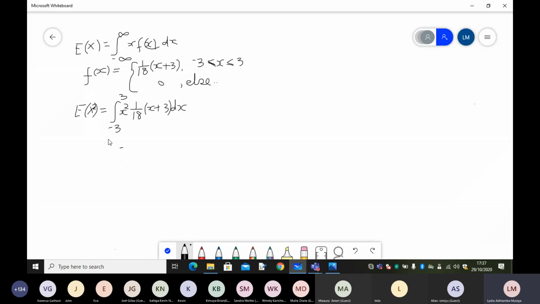After performing the integration, this will be equal to 3. So expectation of x is 1, and expectation of x squared is 3.